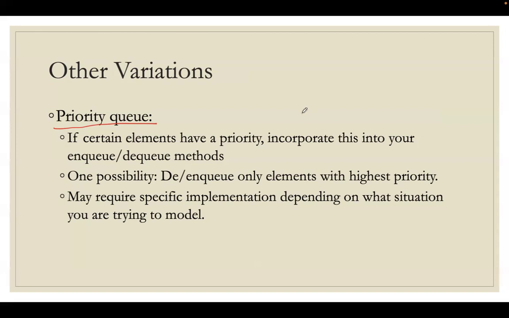And so certain elements can have priority and should be dequeued before other things, or you can have some other structure to your priority queue. It depends on what sort of thing you're trying to model and what that priority actually looks like. Because in the basic queue, it's just first come, first served. Depending on how you want to implement the priority, it can look different. So I'll try and have an example about that for next time.